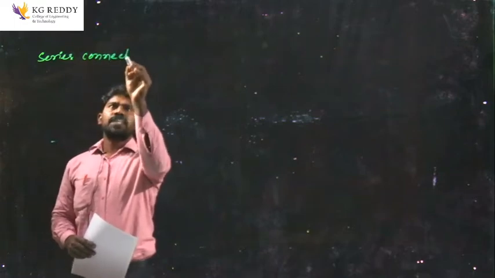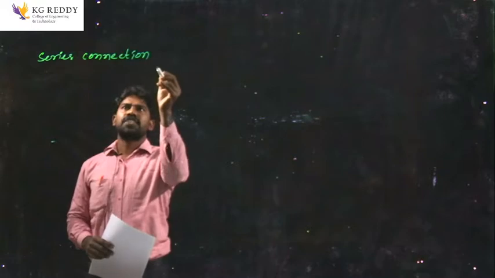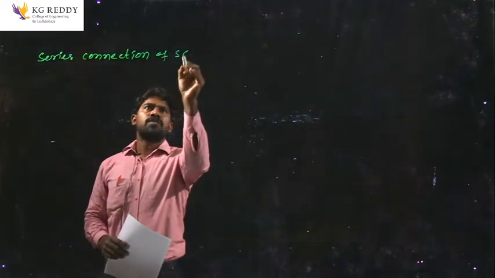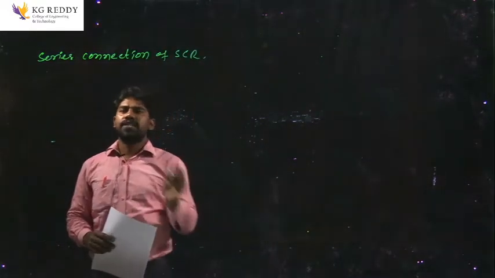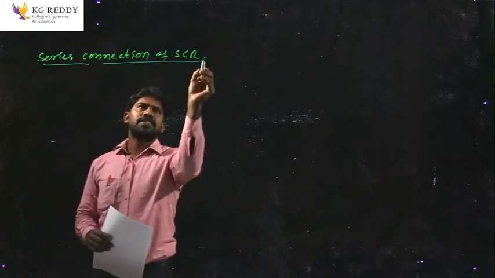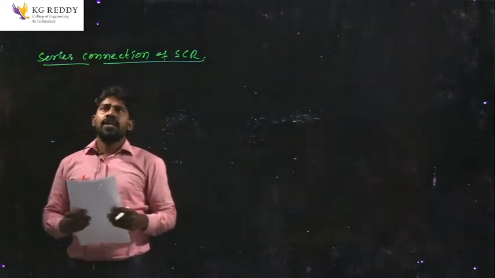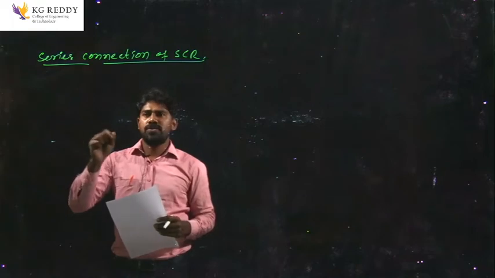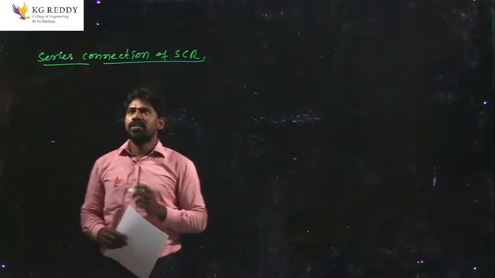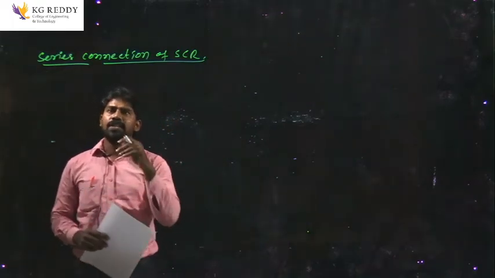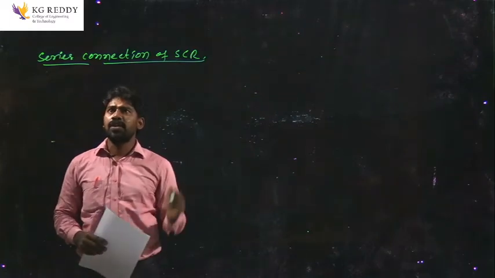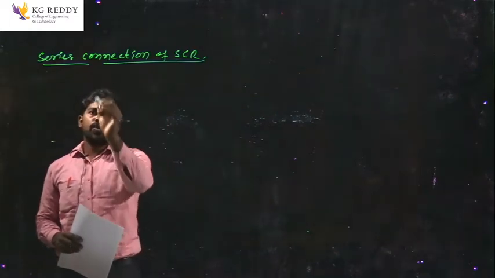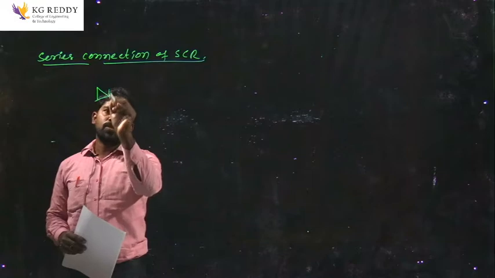What is the importance of series connection? How are we going to connect the SCRs in series? What role the SCR plays in power electronics, we are going to cover in this lecture series. Everybody knows this symbol of SCR.